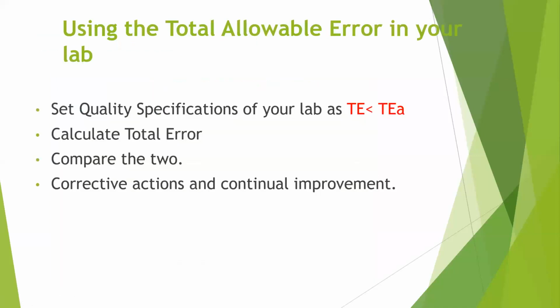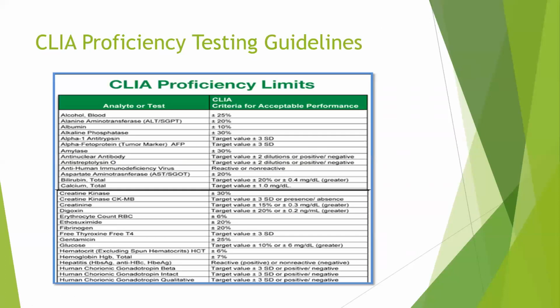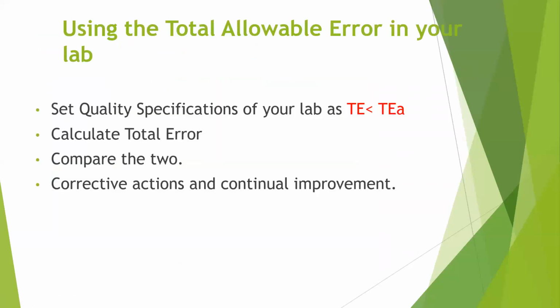Now, you should set the quality specifications of your lab such that the total error is less than, of course, you cannot exceed, the TEA limits. So set your total error limits to be less than the TEA limits. Calculate the total error, compare the two.